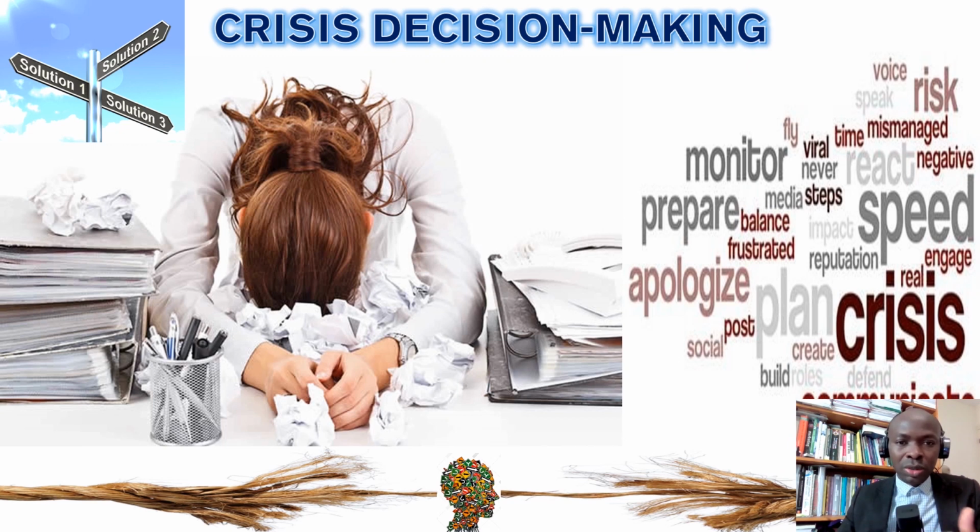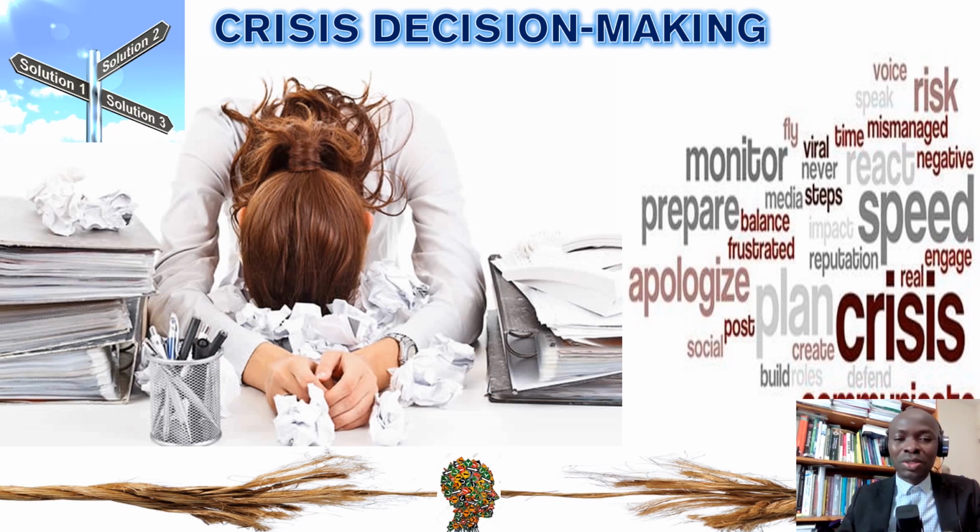So obviously, when you're looking at crisis decision making, one of the things that comes to mind is that reputation is at stake, and then of course you have issues of maybe mismanagement, negativities, or speed is of the essence, and there are a wide range of options for leaders and business managers to consider as well.